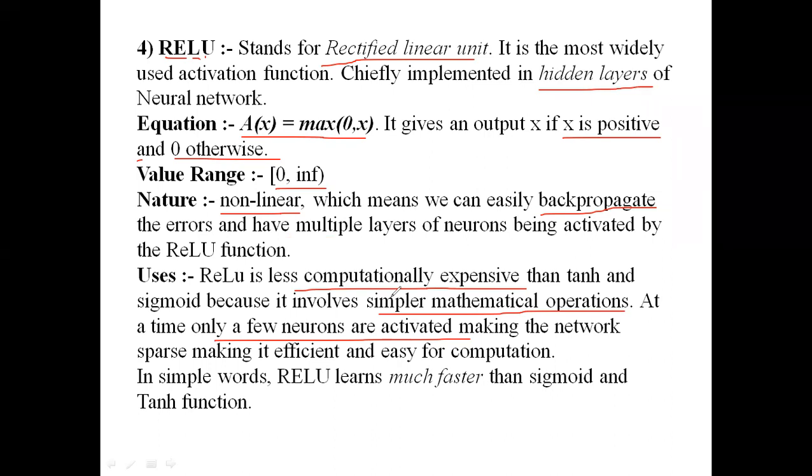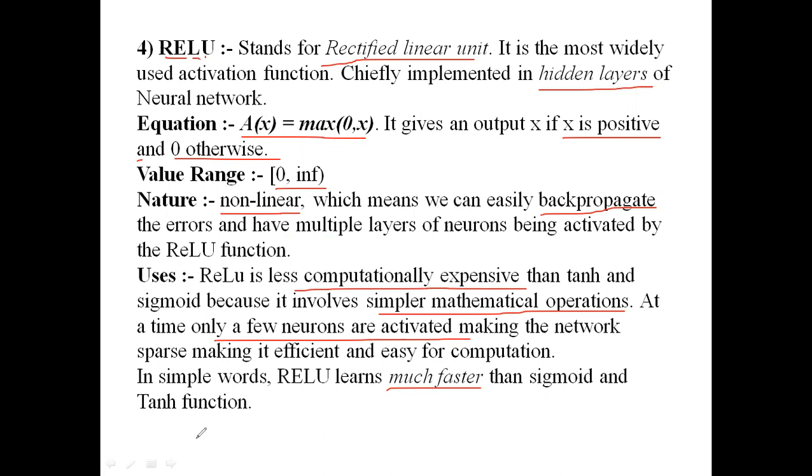Compared to sigmoid and tan functions, this function also learns much faster. It is efficient, easy, and much faster. So there are many advantages of this function compared to the previous two.